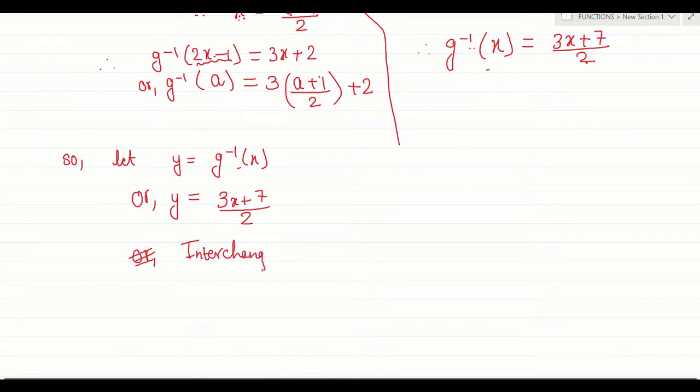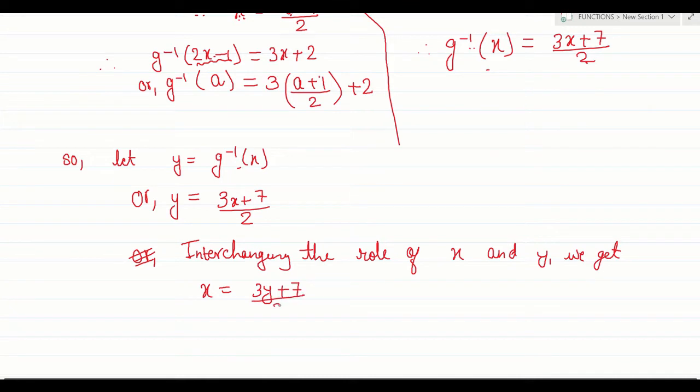Interchanging the roles of x and y, we get x is equal to (3y plus 7) over 2.